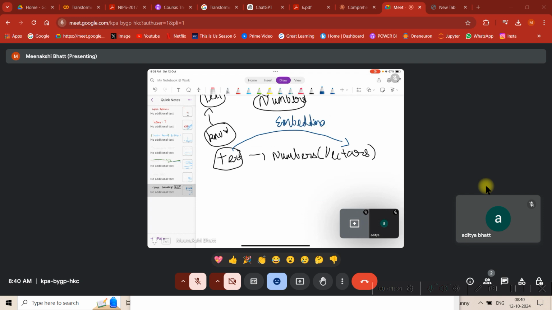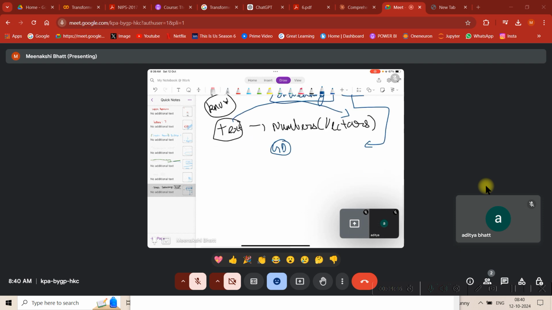Because once you have converted your text into vectors, you can apply any maths operation, any sort of gradient descent you can apply. We have seen gradient descent as well. So essentially guys, that's the essence of it. In gradient descent, the main equation was W new equals W old minus eta times the rate of change of loss with respect to W old.